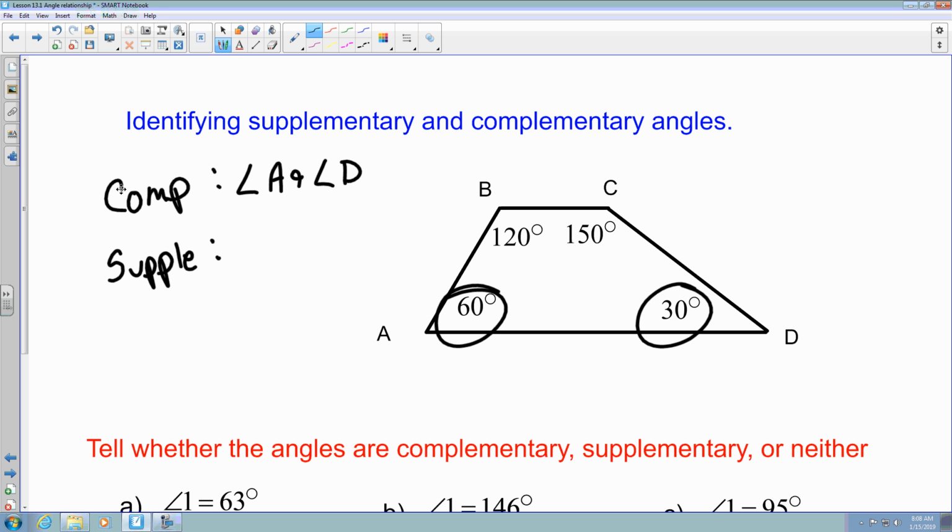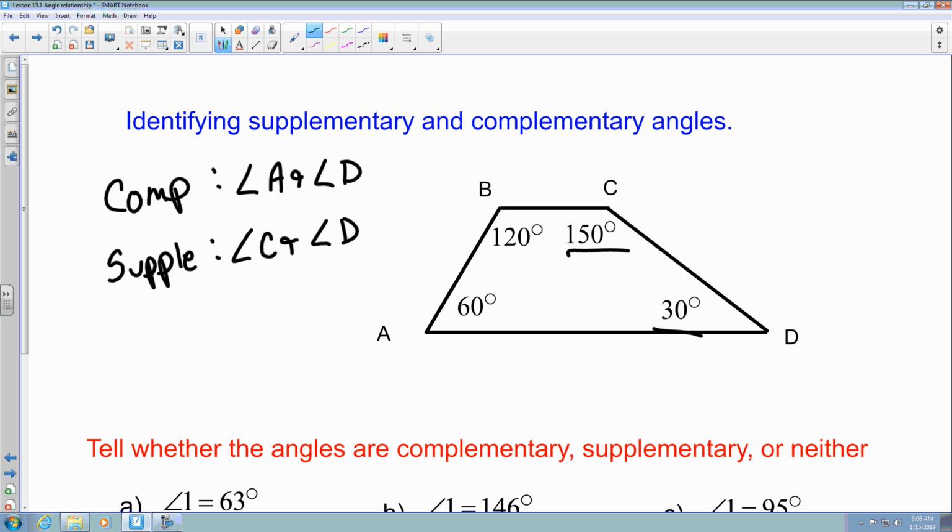Supplementary angles, if we look here, are angles that add up to 180. It looks like I have 150 and 30. 150 plus 30 is 180. So angle C and angle D are supplementary.